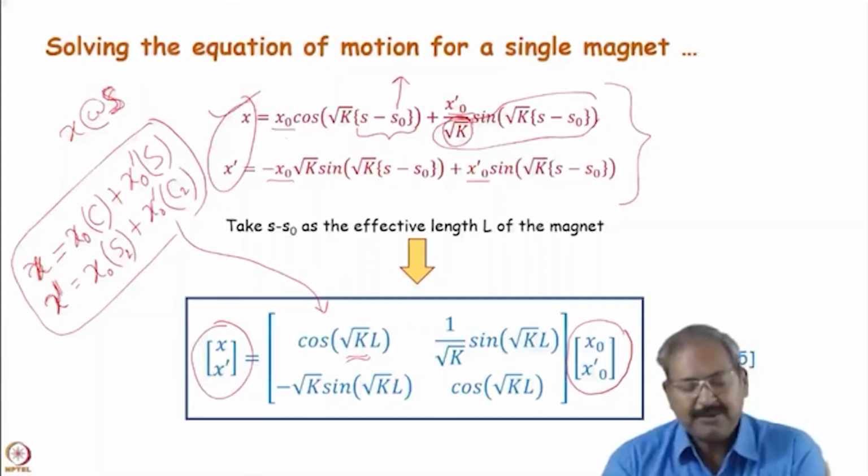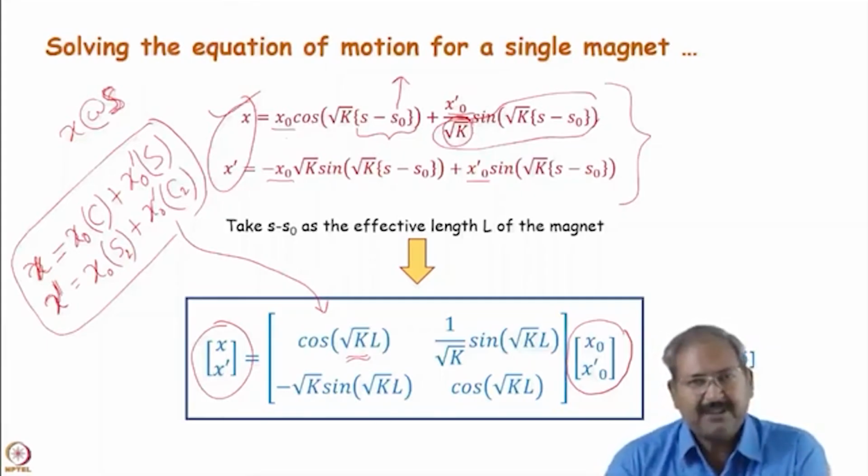So if we put these particular values in this matrix, we will get the matrix of that particular element. So we will now obtain matrices particularly for drift space, quadrupole magnet, dipole magnet, and one another type of magnet which is known as wedge magnet. What is that wedge magnet? We will come to that point.